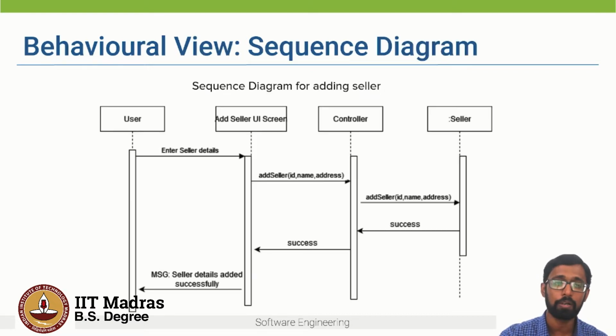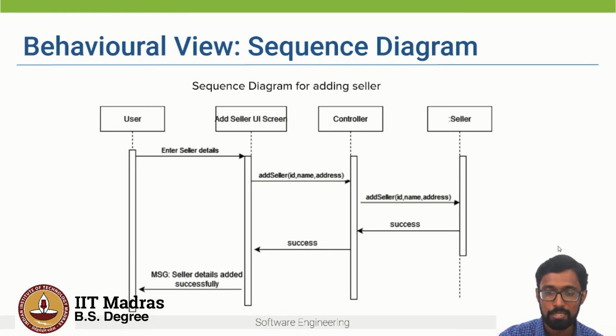So an important type of interaction view is the sequence diagram. So the behaviors corresponding to the requirements or the user stories can be implemented using the sequence diagram. So the diagram on this slide represents the sequence diagram for a particular behavior, which is adding a seller for the portal.